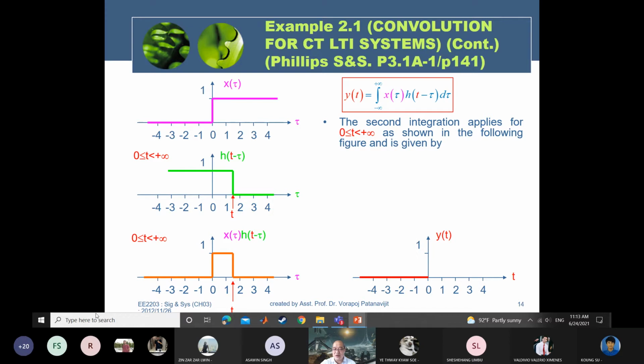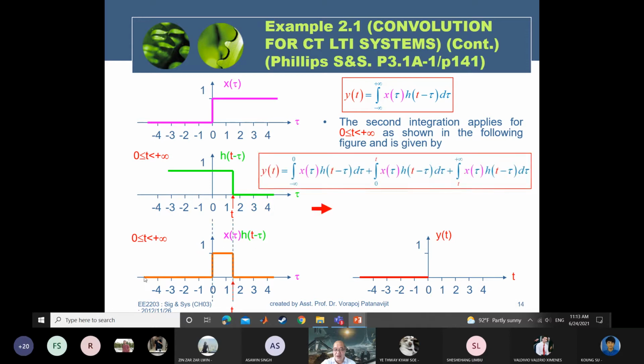Now when you integrate this whole graph, the result of x(tau)h(t minus tau), it separates into three pieces as shown in the picture: from infinity to 0, 0 to t, and t to infinity.